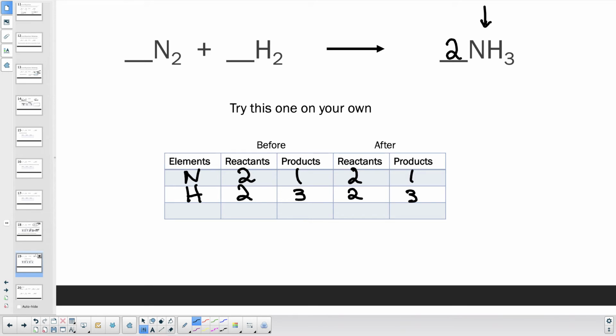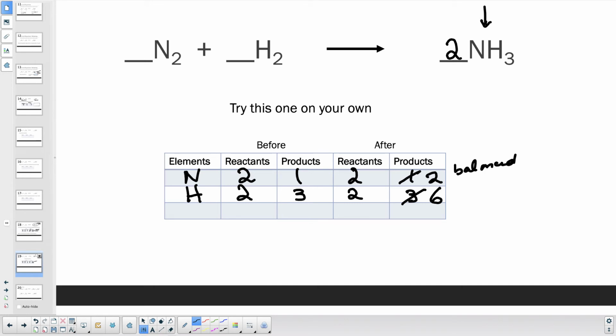And now that we've done that, what we need to do is we need to make changes here on the product side. So where we had 1 nitrogen before, we now have 2. But we also changed the hydrogens. So where we had 3, we now have 6. Okay, so the nitrogens are balanced, but our hydrogens are not.